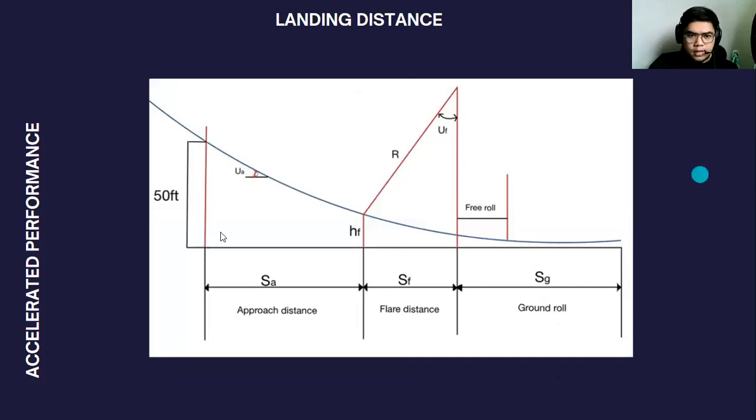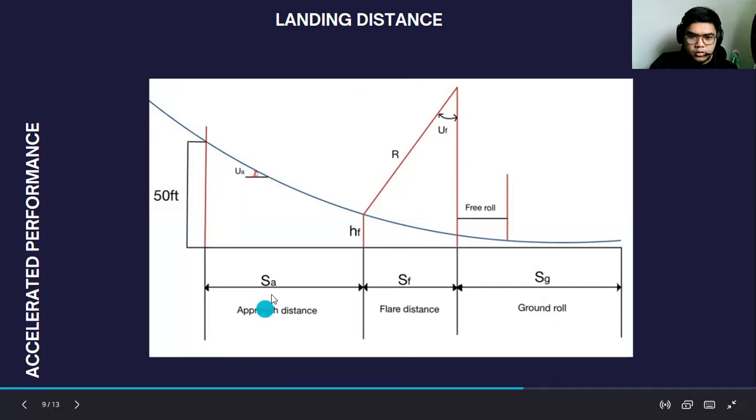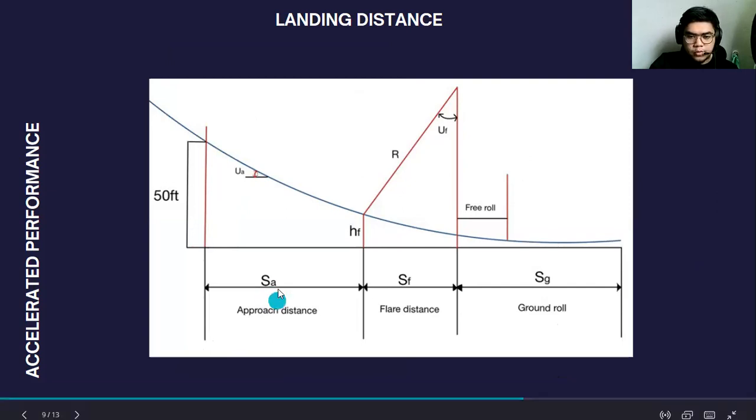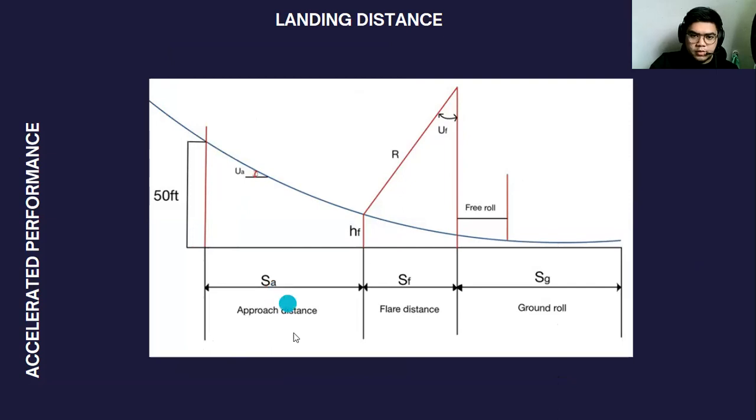So move on to the landing distance. Basically, the idea is the same as the takeoff distance, because I need to add SA, which is the approach distance, the flare distance, and the ground distance. For this calculation, I assume the approach angle at this point is 3 degrees, and the obstacle is 50 feet.